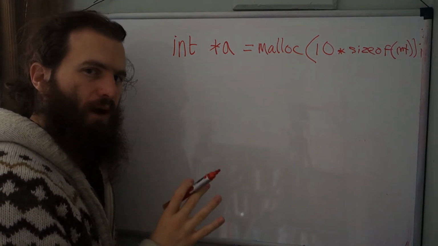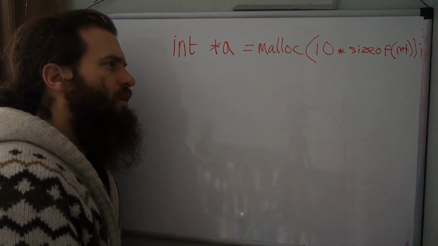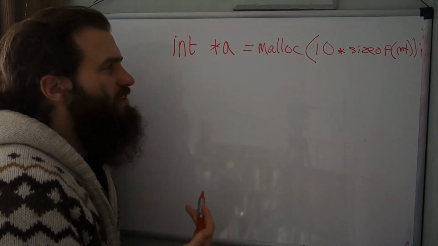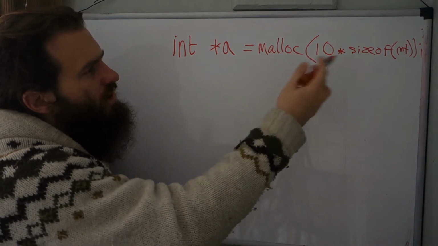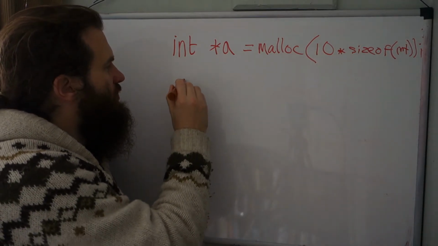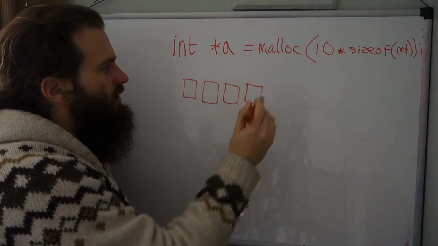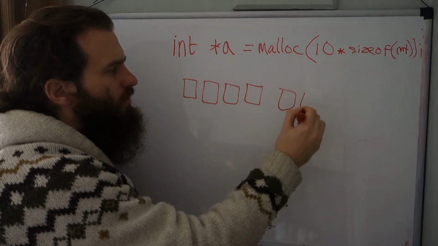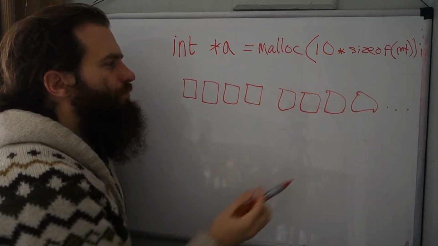Let's just think about what's happening here. I think it's worth doing this. So say the size of an integer is 4 bytes. 10 times size of an integer is going to give us a block, and let's have a square just represent a byte. So that's 1 byte, that's the second byte, and so on.